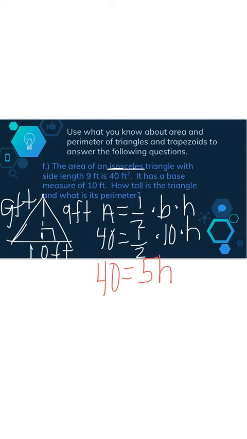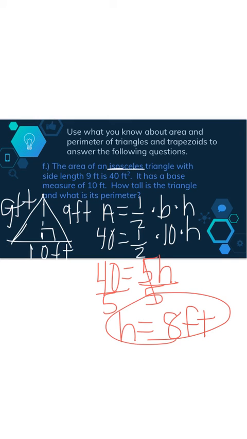They're all being multiplied, so it's just 5h. To get rid of the 5, you're going to divide by 5 on both sides. That will leave you with just h, and 40 divided by 5 is 8. And remember to bring your label down, which was feet. It's only one side, so it stays feet. So we know the height is 8 feet.